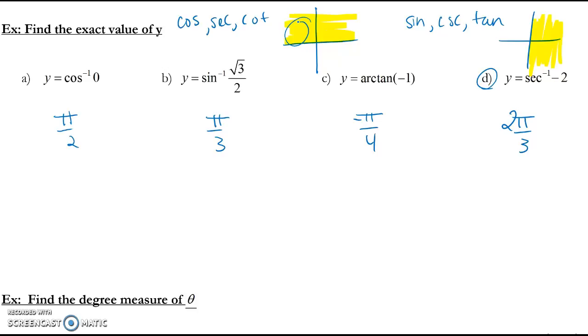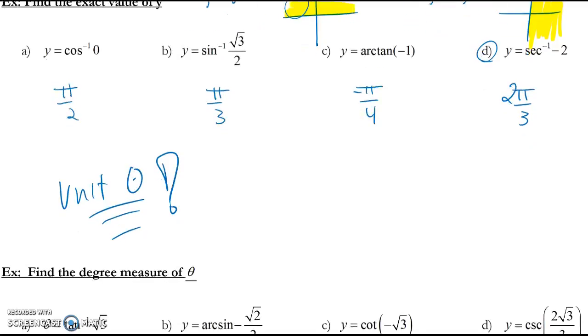If you think about it, if you tried to give an answer in quadrant 4, well, secant's not negative in quadrant 4, which is another way that we can remember the answer has to be in quadrant 2. With all of these questions, our unit circle is going to be so important.